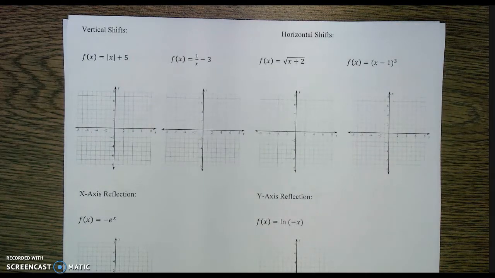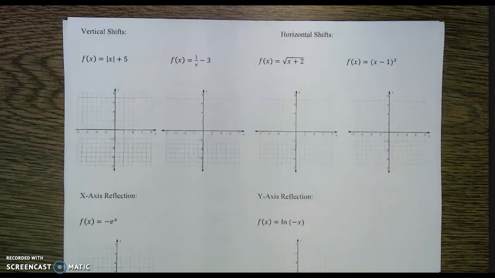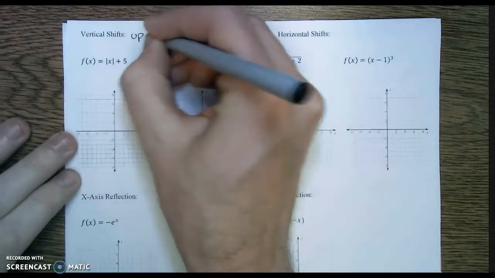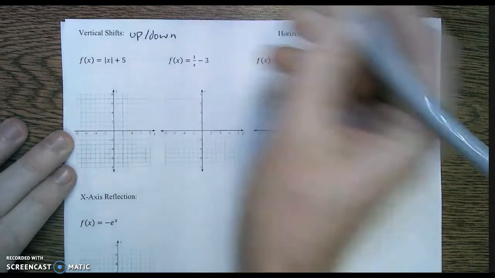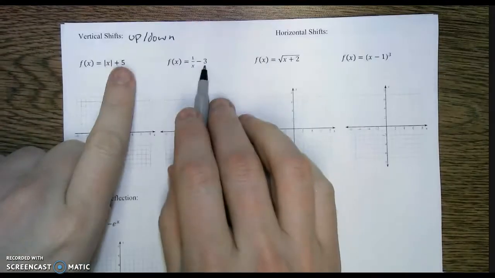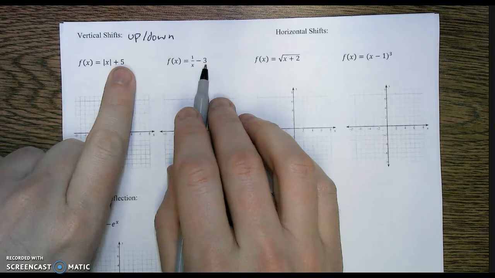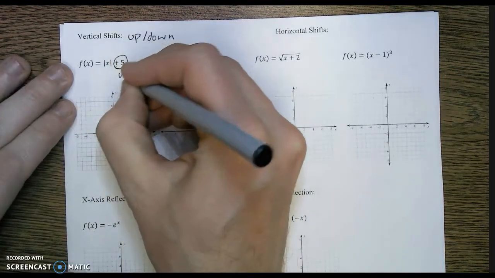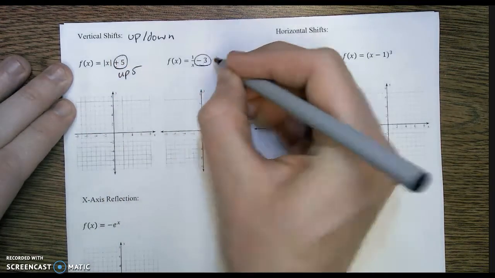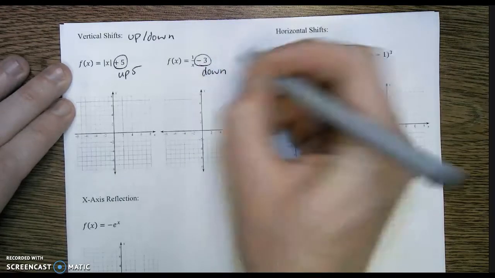So if we look at vertical shifts, that is when you're going up and down. You're going to see numbers being added or subtracted off to the side, and that's going to tell you what to do. So this is going to tell me to go up 5, and this minus 3 is going to tell me to go down 3.